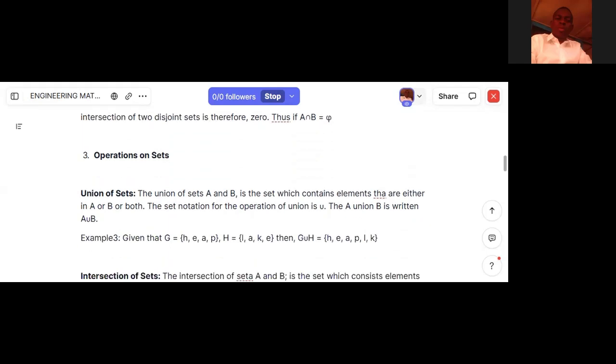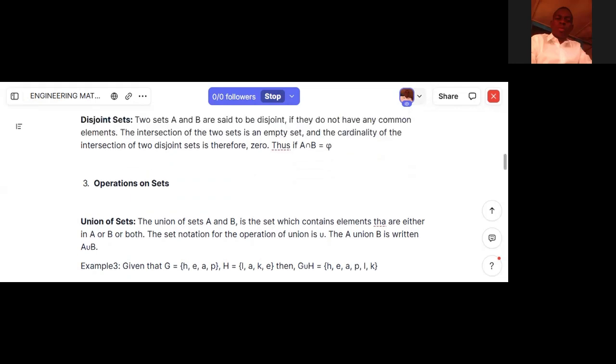There is nothing linking them together. Those sets are called disjoint sets.